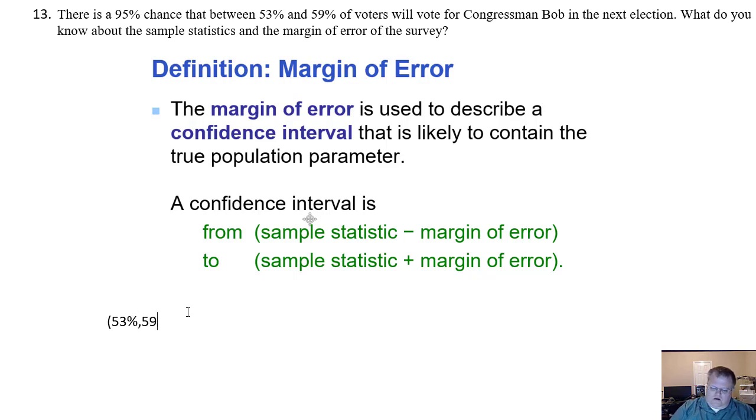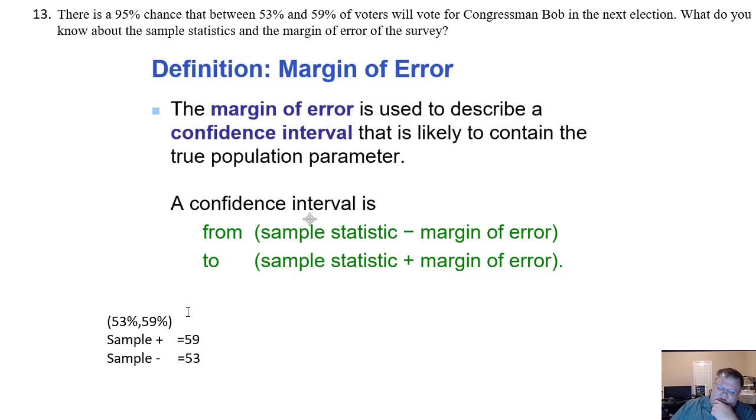Okay, and then they give us a little bit of reminder in the definition that there was a sample statistic where we added something, and that got us the 59, and there was another sample number that we subtracted something, and that got us the 53.